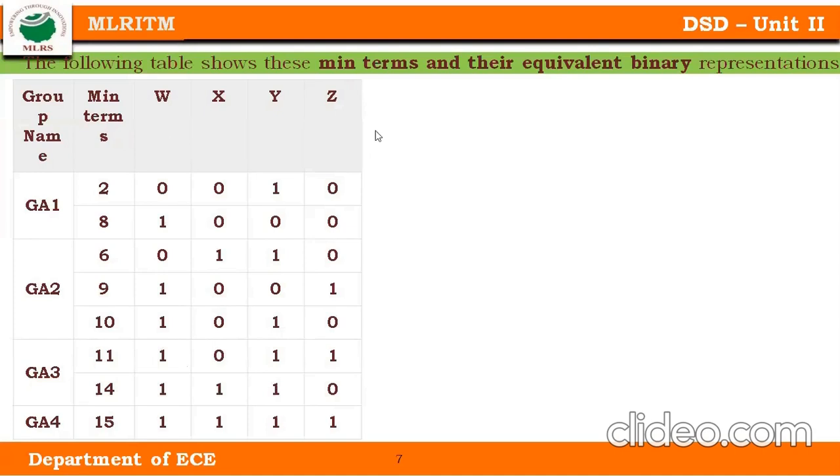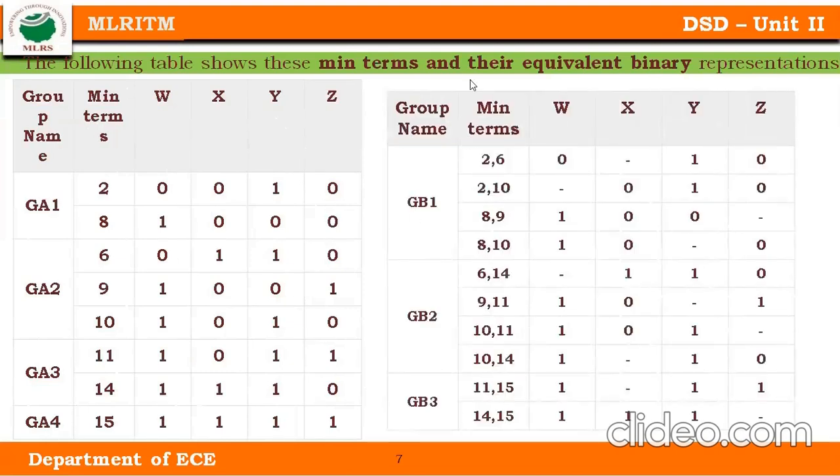Now I need to form another table by comparing group 1 to group 2. So here, 2 and 6 are compared. 0 0 and 0 1 have a change, so I mark it with a dash. Then the others have no change. So for 2 and 6, I need to mark a tick mark. 2 is compared with 6.